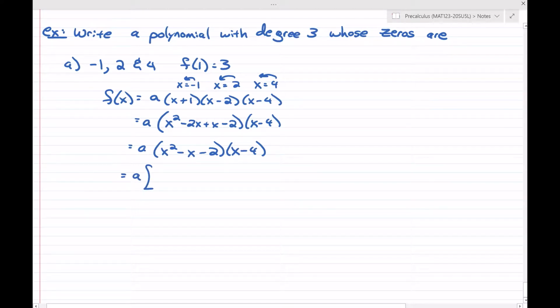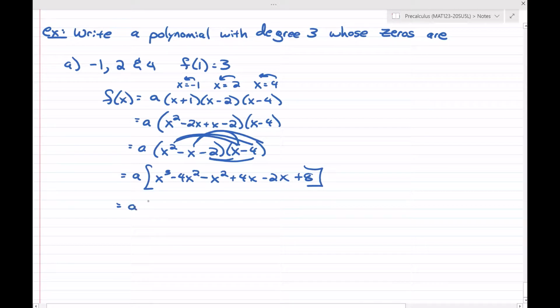I'm going to multiply x squared times each term, negative x times each term, and then negative 2 times each term. Alright, and looks like that's what we get.